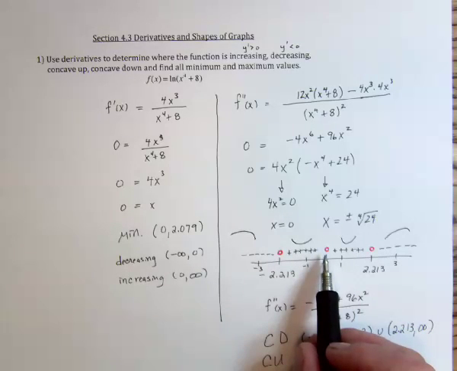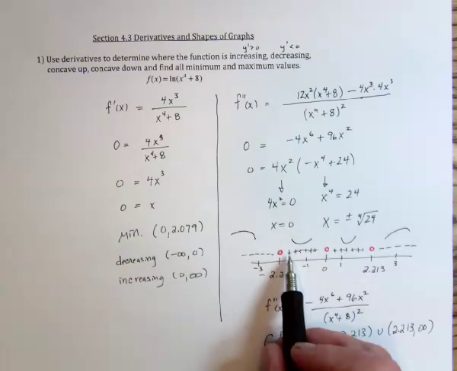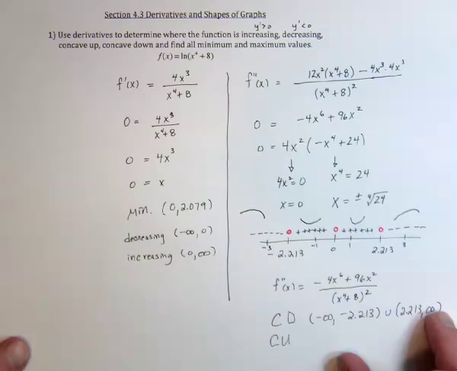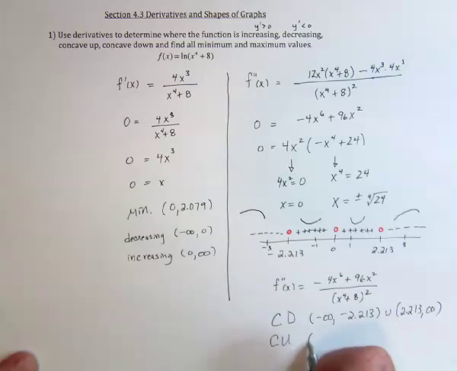Although technically we got a derivative equal to 0 there, which is neither concave up or concave down. So we have to write these separately and throw out the 0. So just as it is in here, so from negative 2.213 to 0, but don't include the 0.